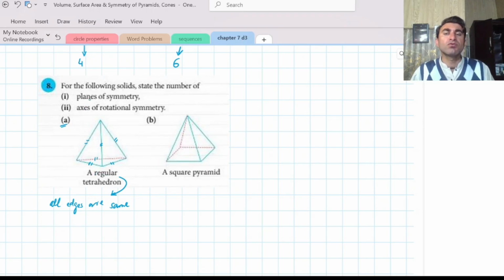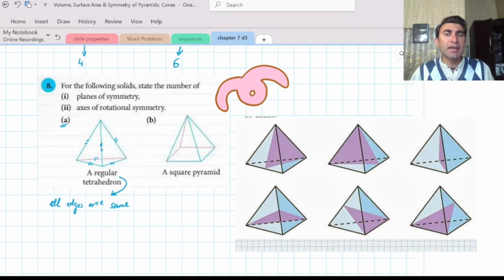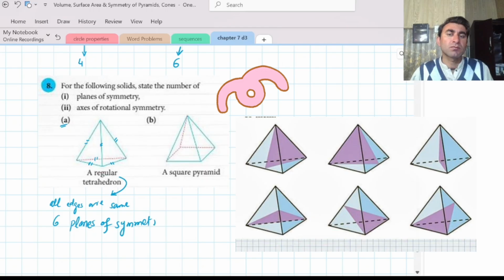Now, in order to find the planes of symmetry for this regular tetrahedron, there are three vertical planes of symmetry and there are three inclined planes of symmetry. So there are basically 6 planes of symmetry for the tetrahedron: 3 vertical planes of symmetry through each vertex and 3 inclined planes of symmetry through the midpoint of each edge.